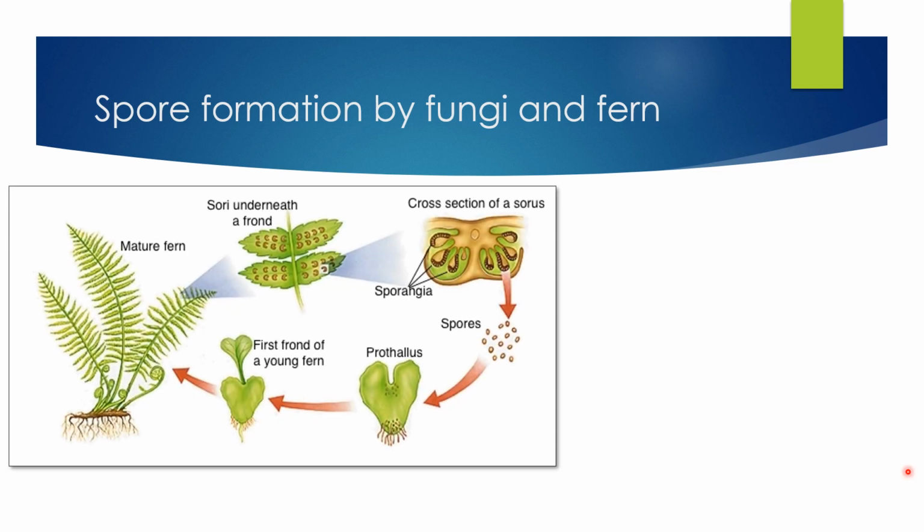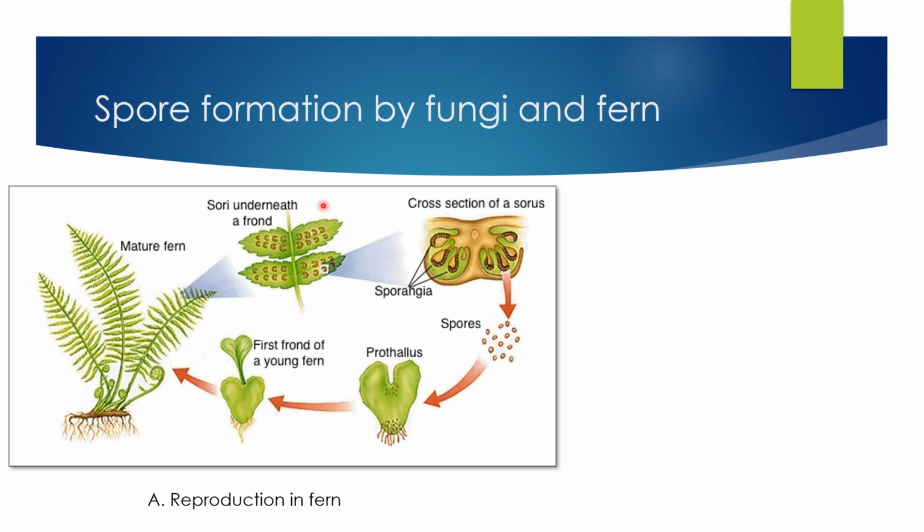Okay, now this is the fern. See here, this is the mature fern, and there is a special structure known as the sori, found under the leaf-like structures of their body.